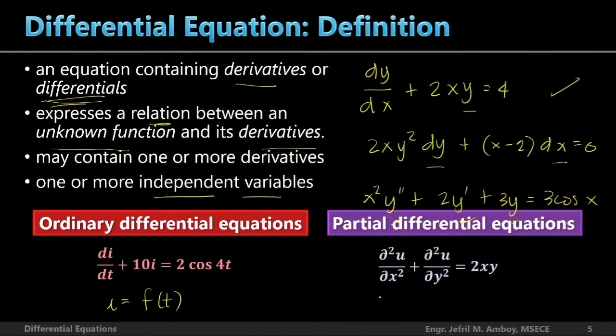So if I will be solving for the solution of this differential equation, its solution has the form u as a function of both x and y. Because it has two independent variables. Unlike here, where we have only one independent variable. Okay? So, it's clear. Based on the number of independent variables, there are two types of differential equations.